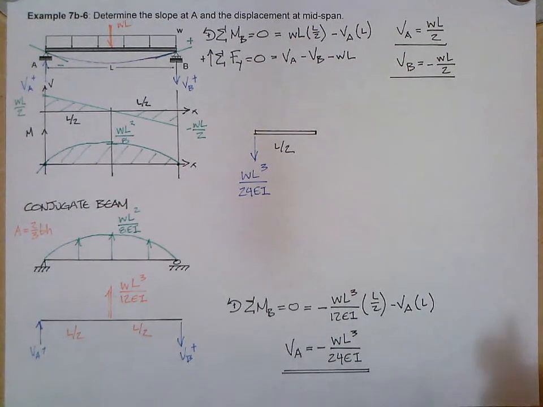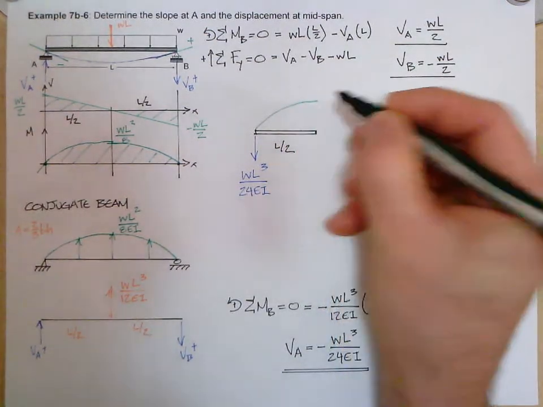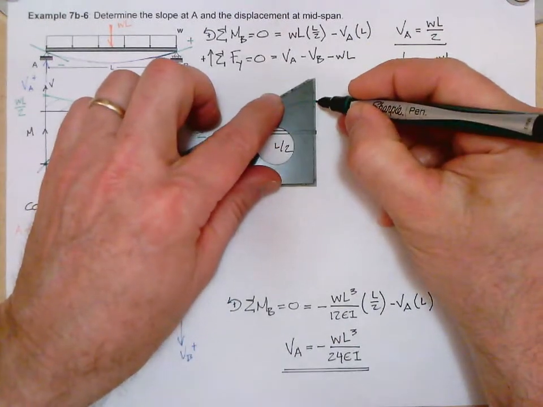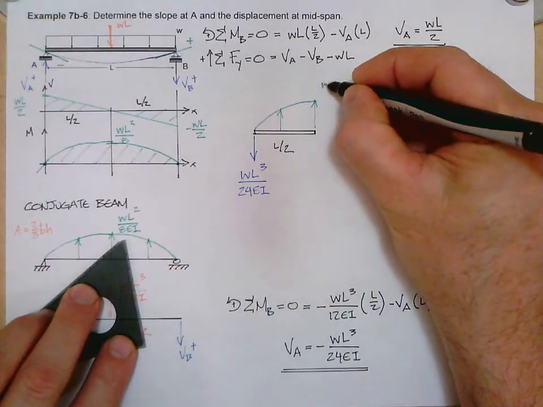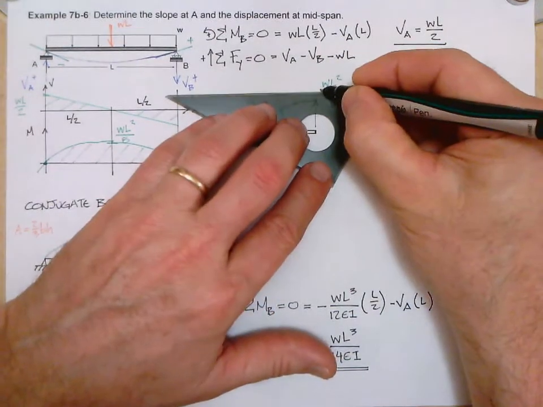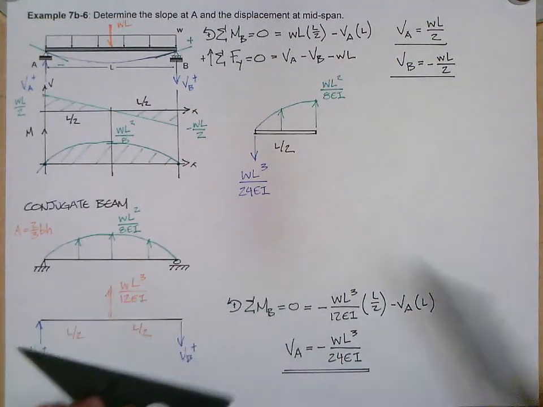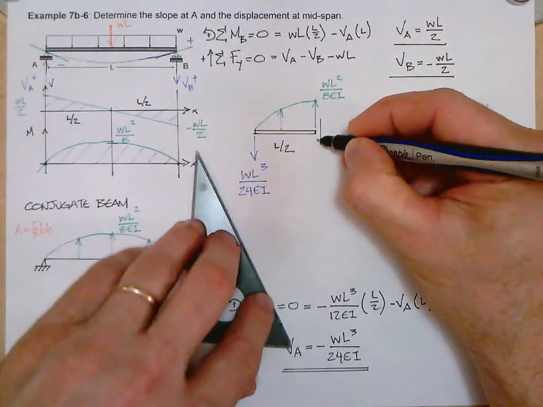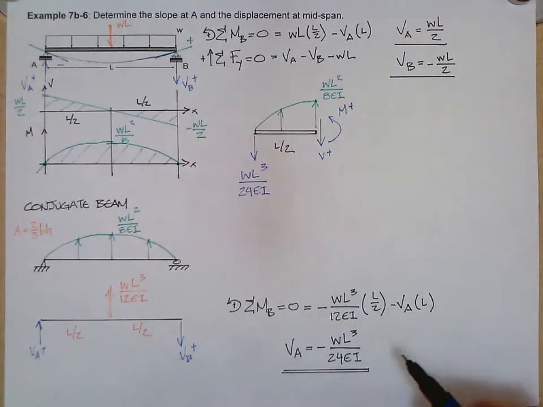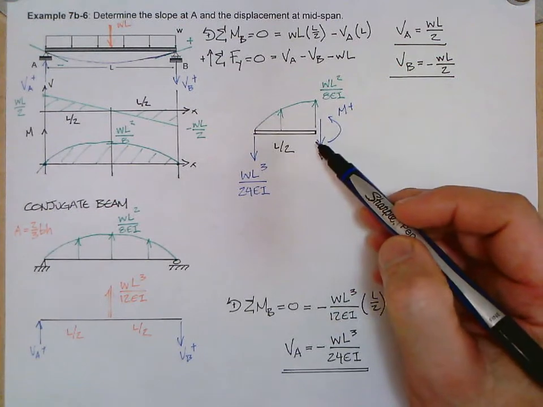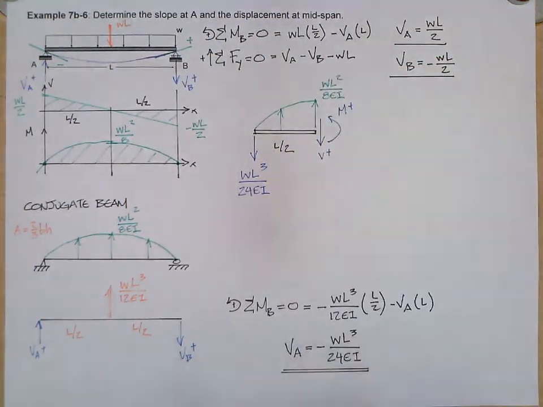Okay, and then I'm going to have my load applied, which is half this parabolic shape, and it's acting up, and has an intensity of WL squared over 8EI. And of course then at the cut, I've got positive shear, positive moment. And really all I want is the moment, because the moment in the conjugate beam matches to the displacement in the real beam, and that's what I want, displacement to center.